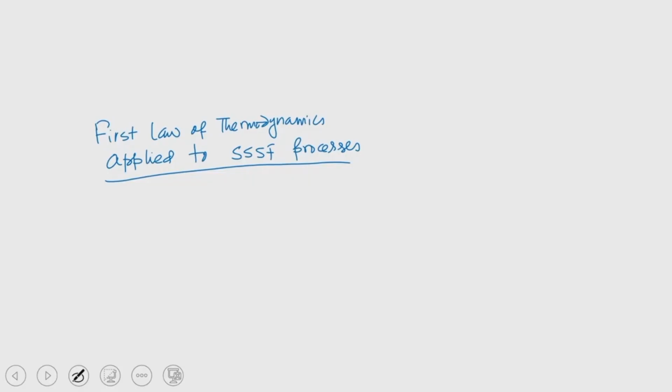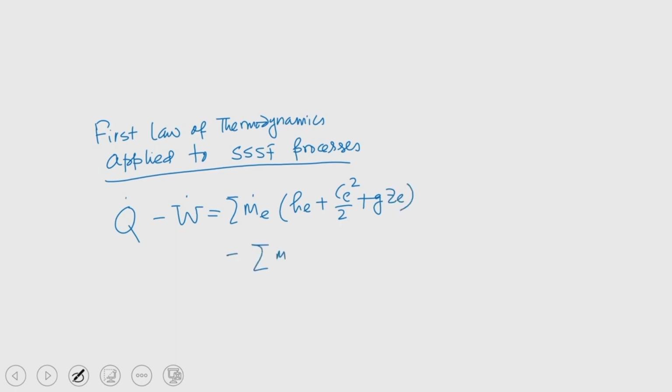So, if we write, we are getting Q dot minus W dot equal to m dot e (h e plus C e square by 2 plus g z e) minus m dot i (h i plus C i square by 2 plus g z i).